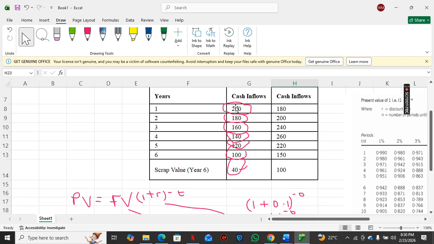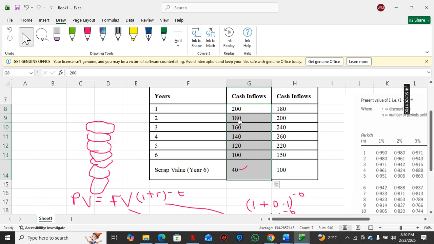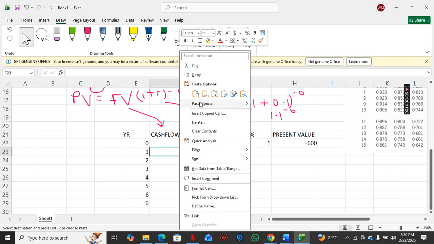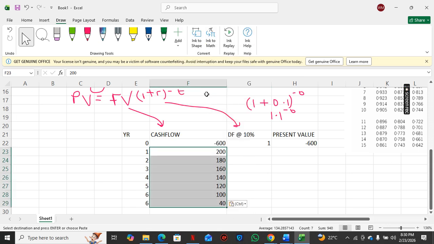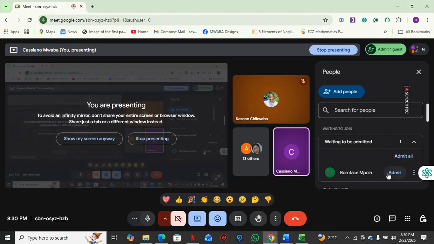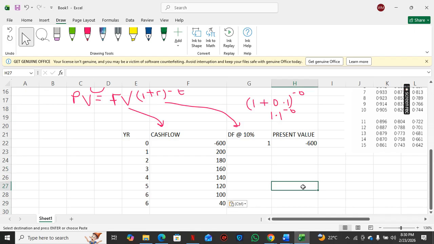Then now we get our cash flows. As you can see, it's the same as the net present value technique. Once you've understood the net present value technique, you would have also grasped this technique.